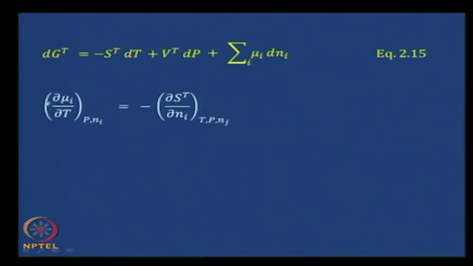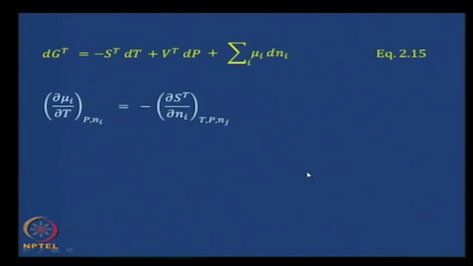Let me repeat this: ∂mu i/∂T at constant P, all other ni equals minus ∂St/∂ni at constant T, P, all other nj's which are different from i.